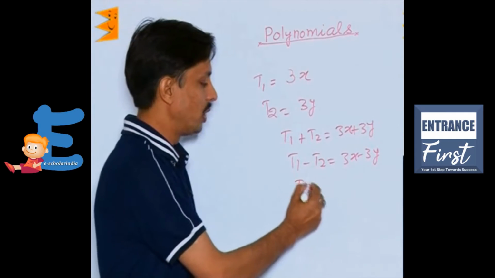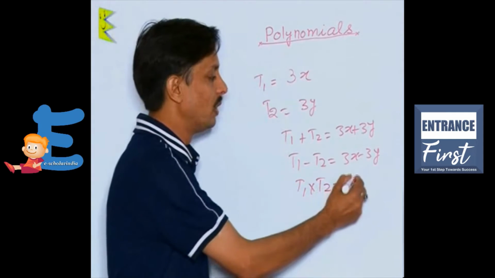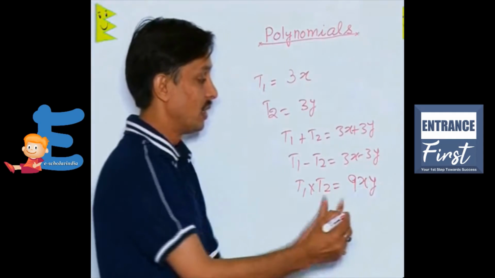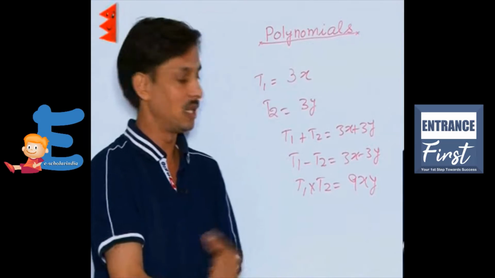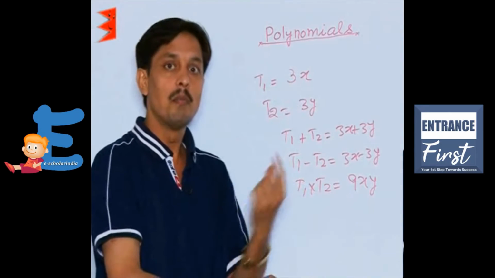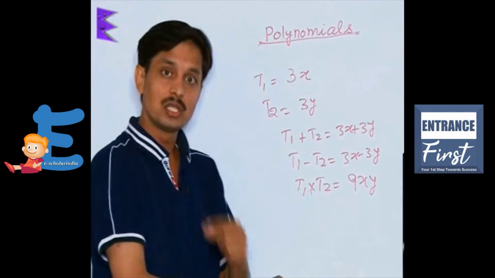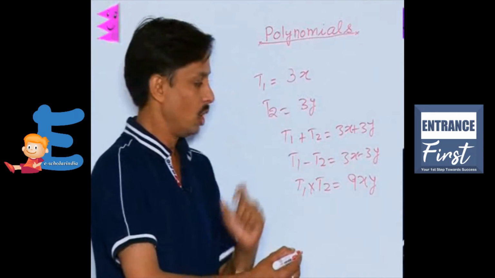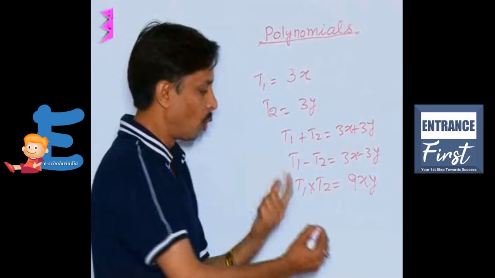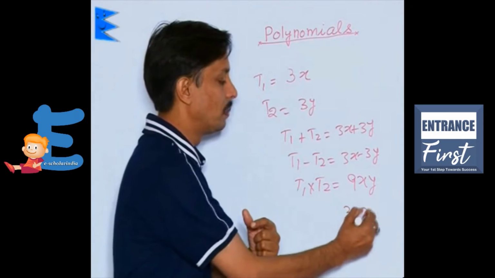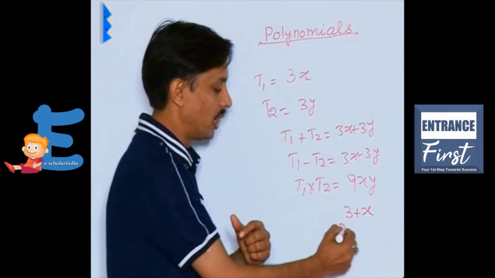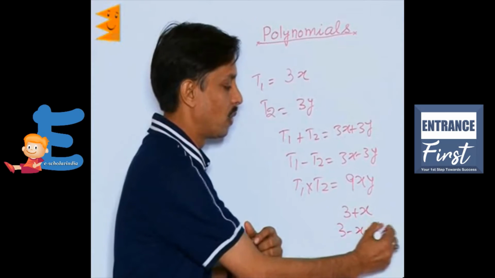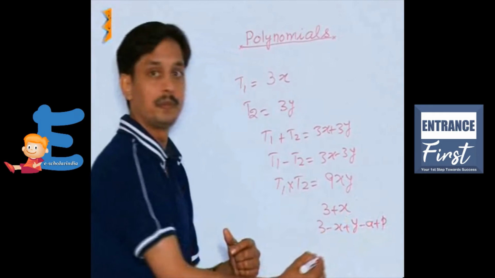If I ask you t1 into t2, you will say it is 9xy. This is not an algebraic expression. It is a monomial term, which is the product of the two different terms. So an algebraic expression could be like this also, if I say 3 plus x, or 3 minus x plus y minus a plus p.